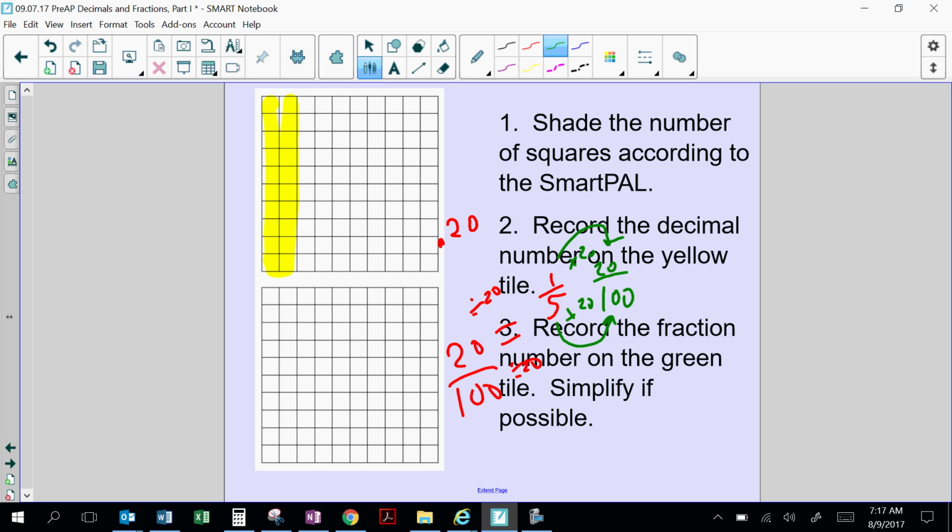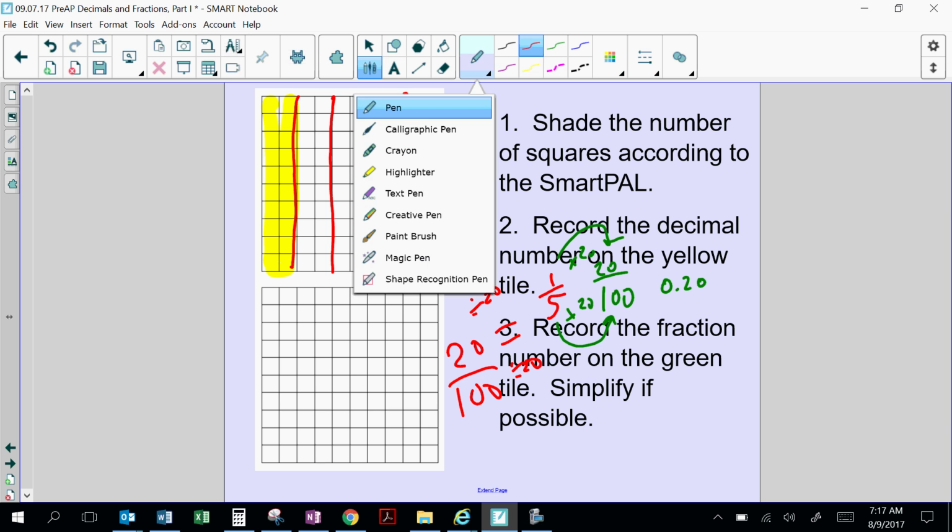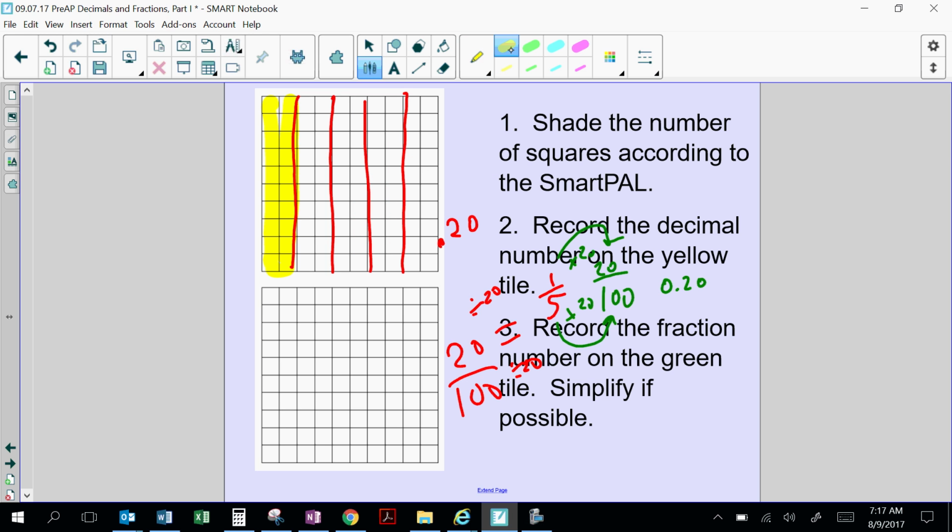That is 20 hundredths, and the decimal equivalency is 20 hundredths. So look at this, 20 hundredths are shaded, or 1/5. If you don't see the 1/5, let me show you. If I break this 10 by 10 grid into 5 equal parts, 1/5 is shaded, or 20 hundredths. Let's try another example. What happens if I got this?